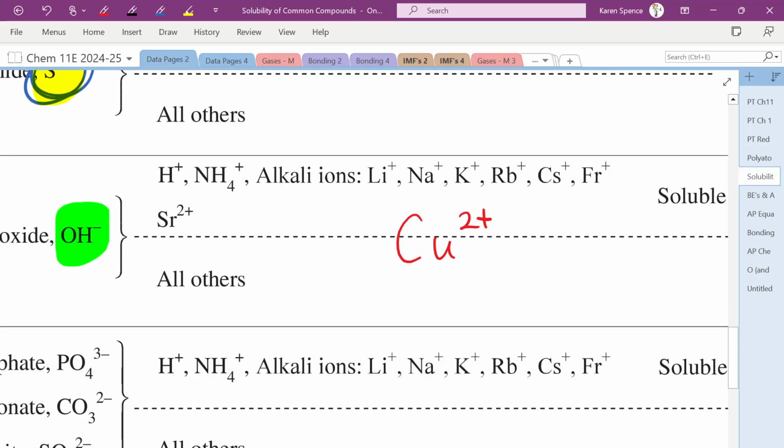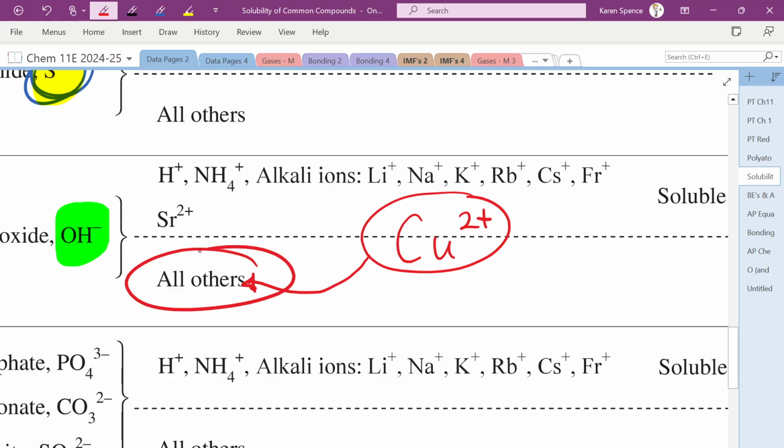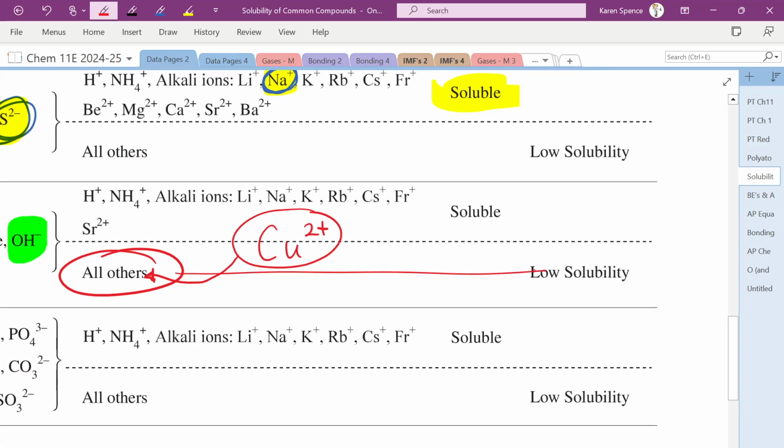I don't see it anywhere. Oh no. If I don't see it, that means it belongs in all others because it doesn't appear anywhere. So if it's in all others, then it is low solubility, which means it is a solid, which means it is the precipitate.